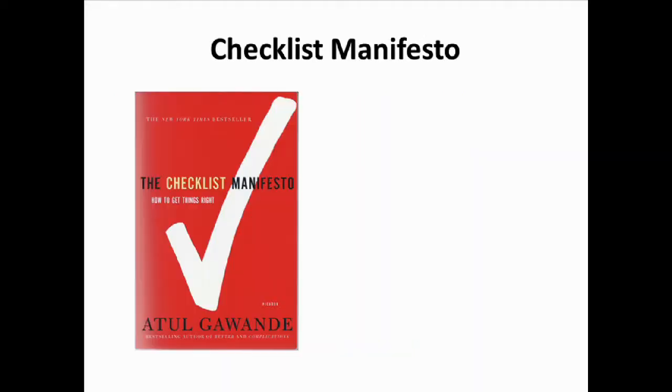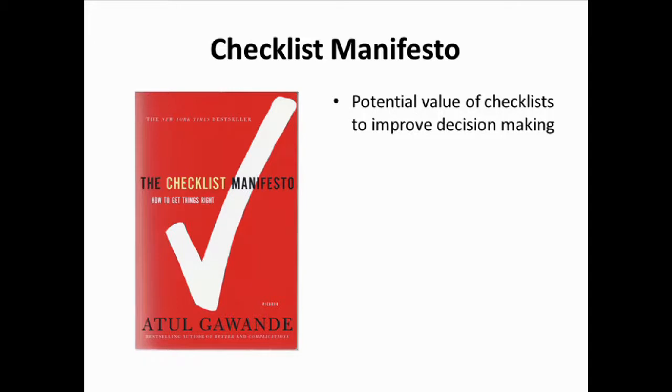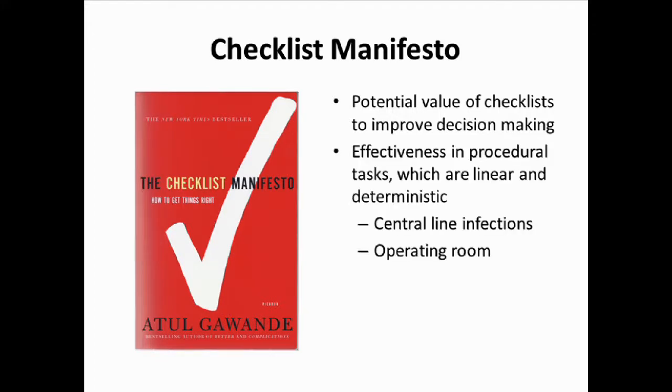And when I use the word checklist in the context of medicine, this book may come to mind for some of you. In The Checklist Manifesto, Atul Gawande points out the potential value of checklists for use to improve decision-making. He mostly focuses in this book on the effectiveness of checklists in procedural tasks, which are linear and deterministic.